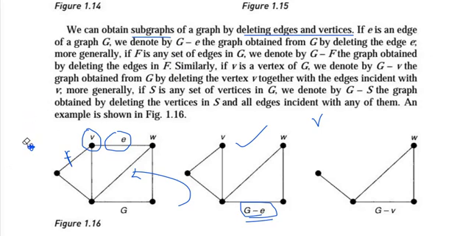So we have to remove all the edges connecting to that vertex. They have removed all the edges connected to that vertex, and it's called G minus V. So if we remove an edge, then we only remove the edge. Now if you want to remove a vertex, then you also have to remove the edges related to that vertex.